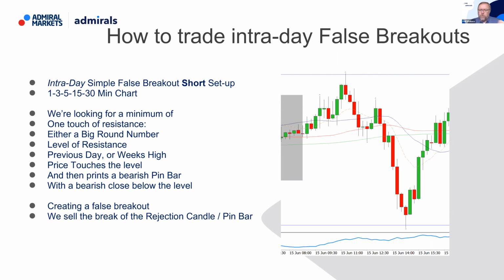So touch resistance: either a big round number, a significant level of resistance, or, in particular for intraday, previous day's highs or previous week's highs. They actually can become very, very useful.